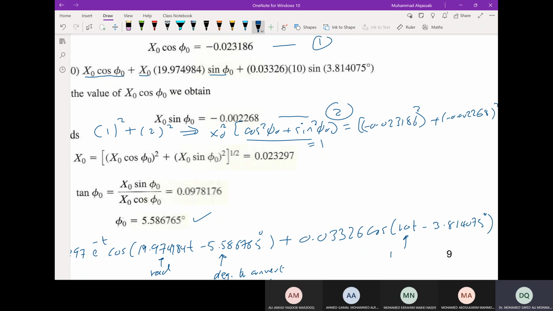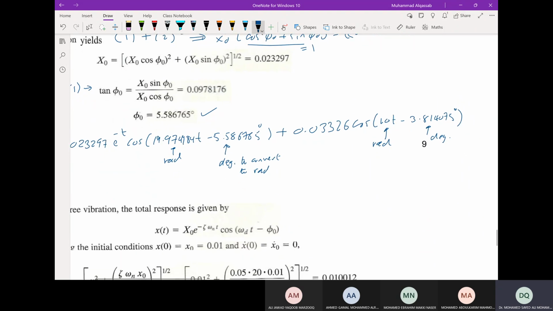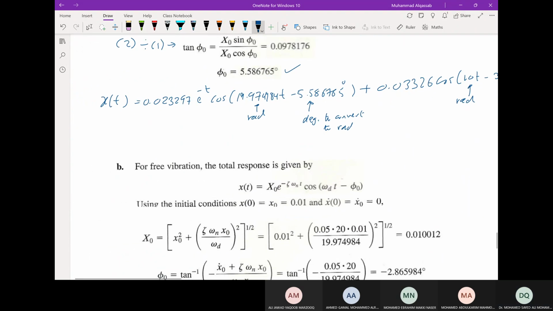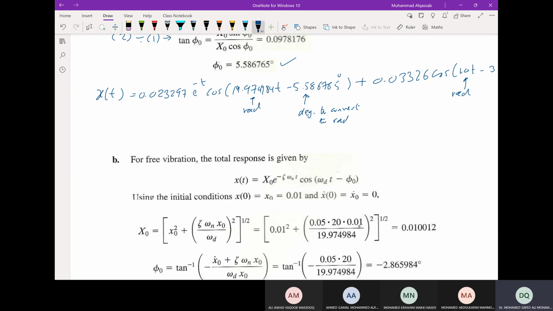Again, you can keep it in radians or convert from degrees to radians. So this is the total solution. And then you can evaluate, as you can see, there is only t here. It's a function of time, so you can evaluate or plot x of t for all time. Or in the exam, it will be fine at a specific time.